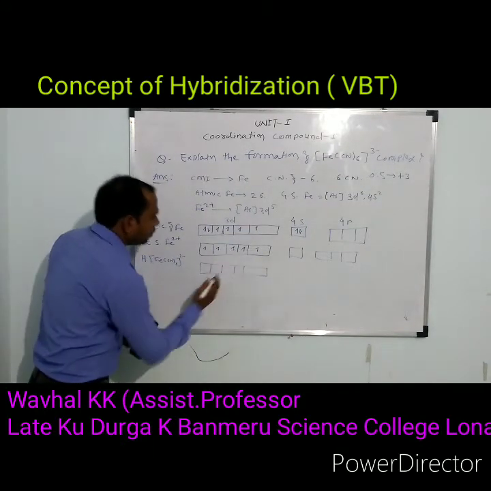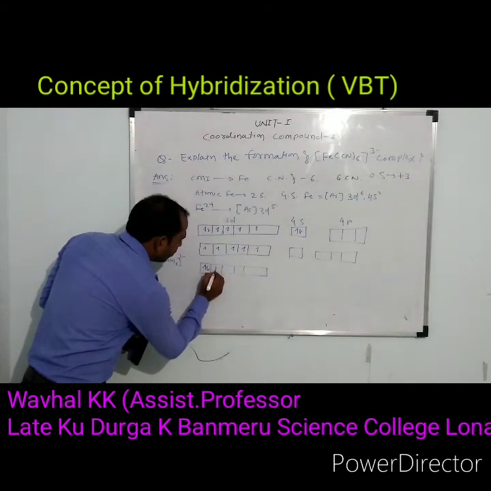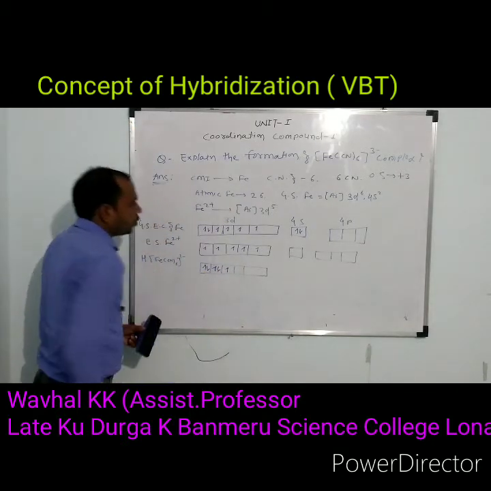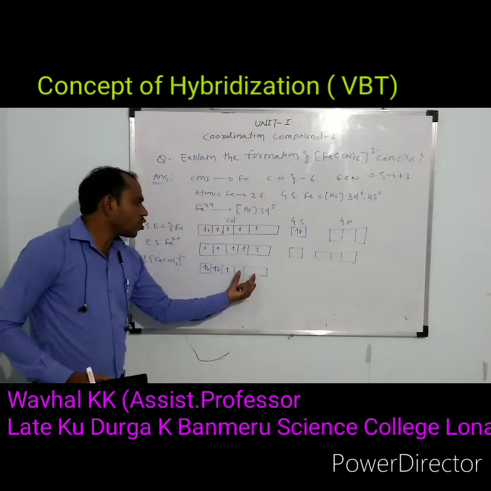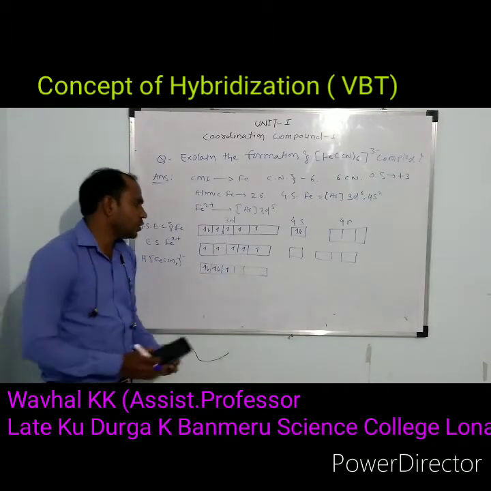Then these 5 electrons are paired up in 3 orbitals only. And see here, 2 vacant d orbitals are available for bond formation.